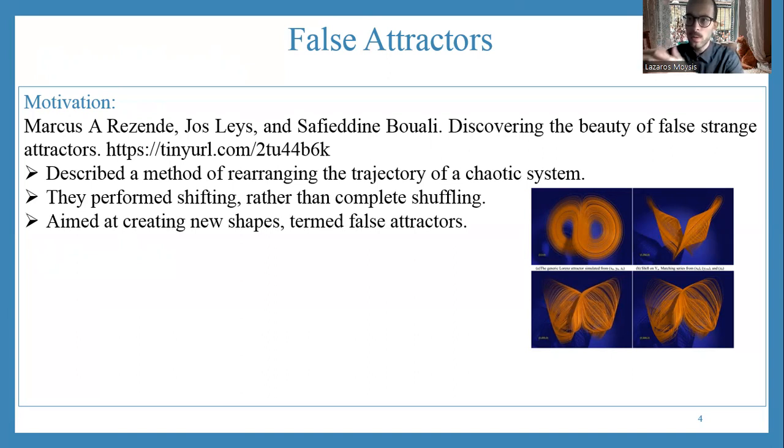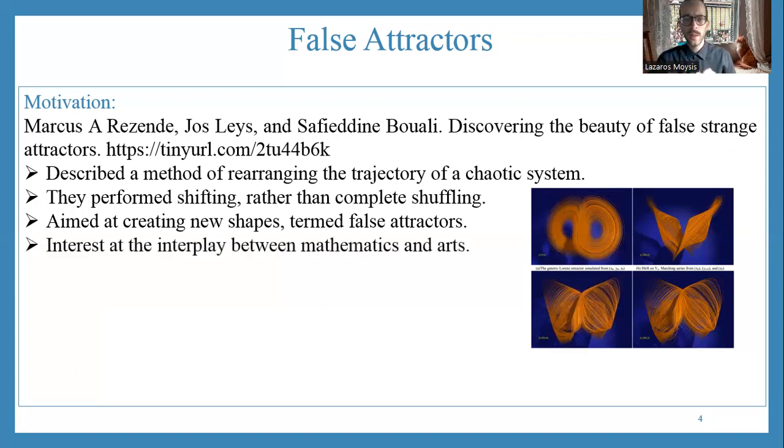Why are they called false? Obviously because they are not real solutions of a chaotic system, but rather they span from an actual solution of the chaotic system, after which some shuffling or shifting is performed to obtain a new shape. In this work, the authors were interested in the interplay between mathematics and arts.